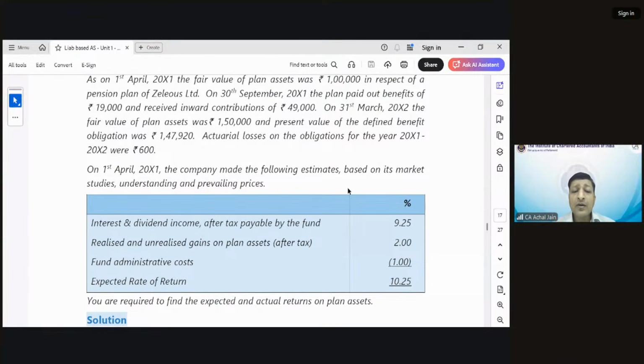You are required to find expected and actual returns on the plan assets. So now in this case, what do you need? You need to compute these amounts. I think the information is already available to you. You need to get on to the computation basis this.